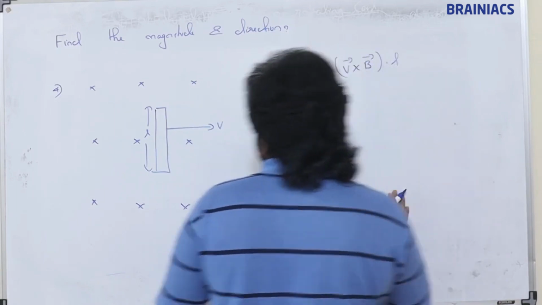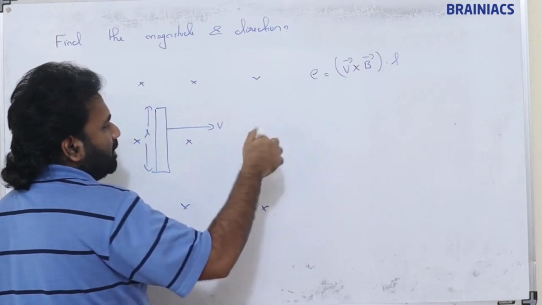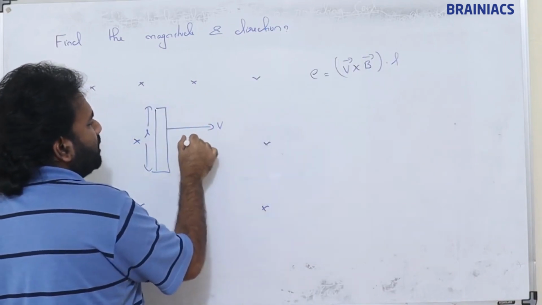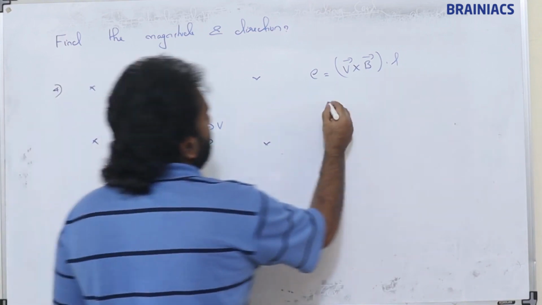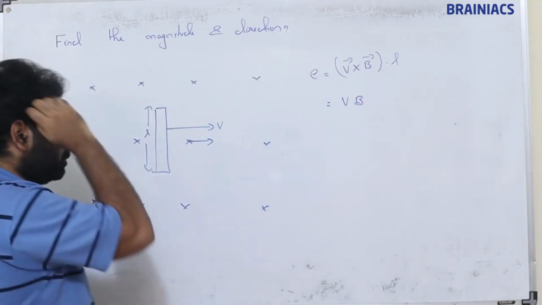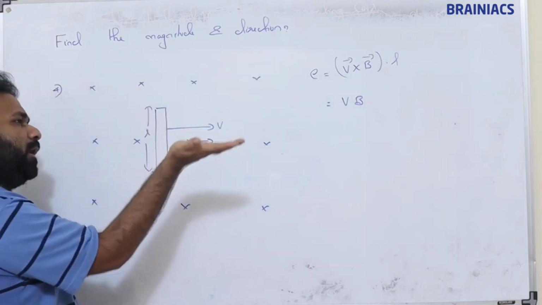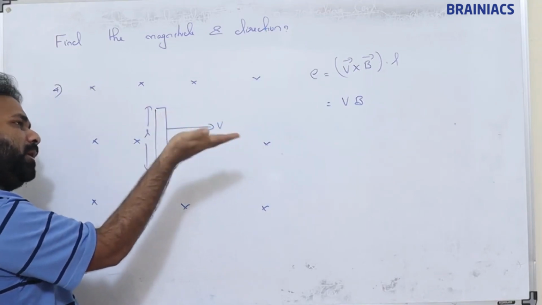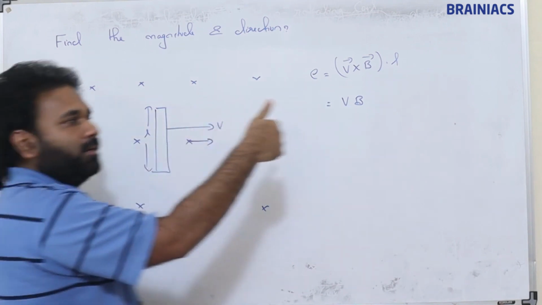dot L. So magnetic field is inside, velocity is going in this direction. So this is going inside, this is going in this direction. So this is 90 degree. So VB. So this is the direction of velocity, and this is the direction of magnetic field.